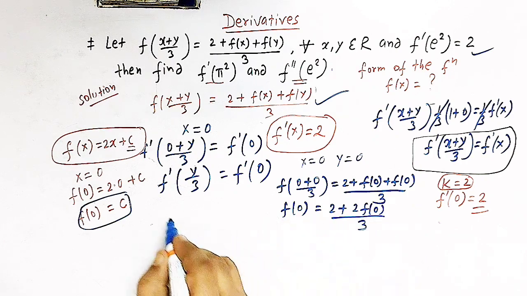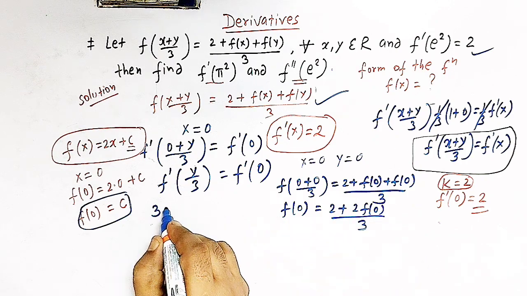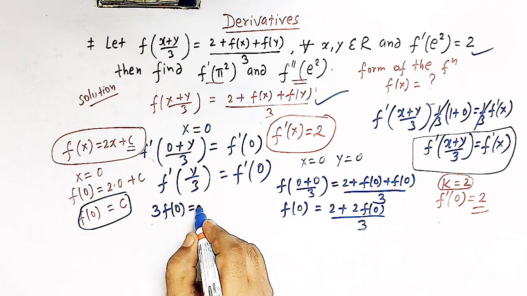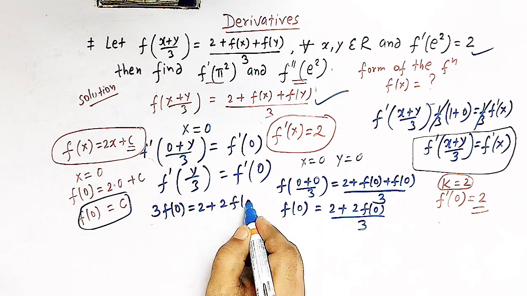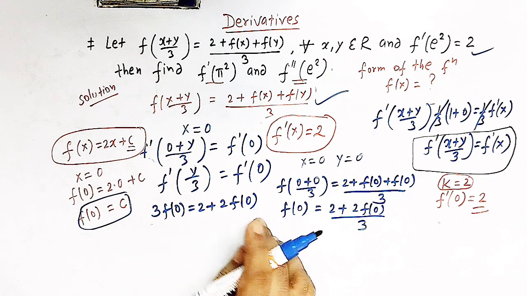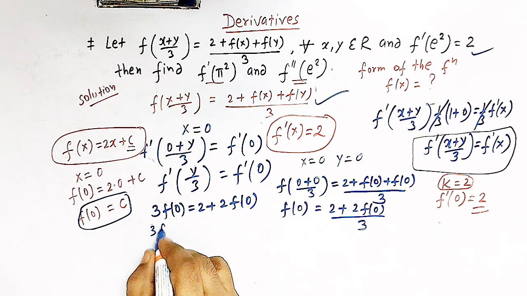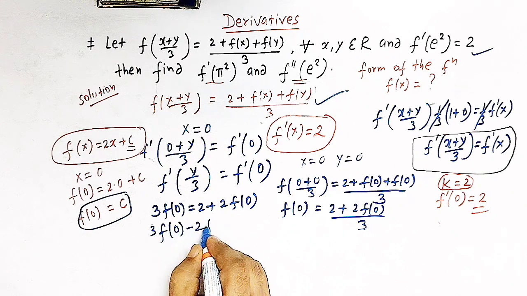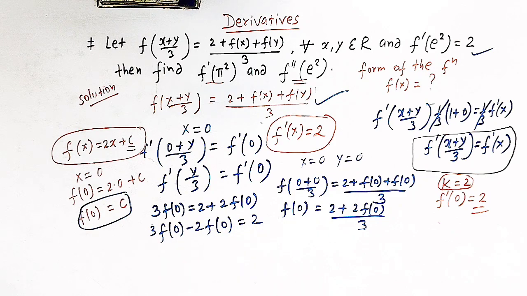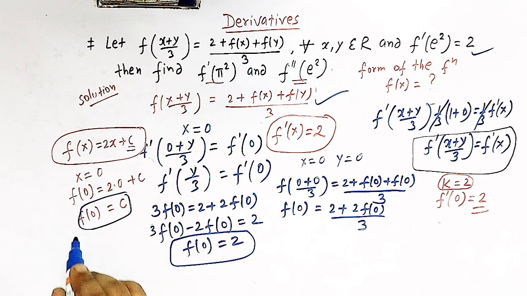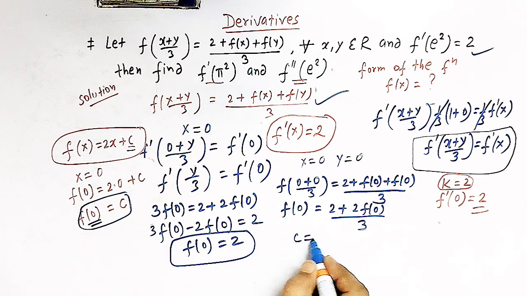Now multiplying here by 3, we have 3 f of 0 is equal to 2 plus 2 times f of 0. Now taking 2 times f of 0 to the left hand side, we have 3 f of 0 minus 2 f of 0 is equal to 2. So subtracting these two, 3 minus 2 is 1, so we have f of 0 is equal to 2. So taking f of 0 over here, the value of c is equal to 2.